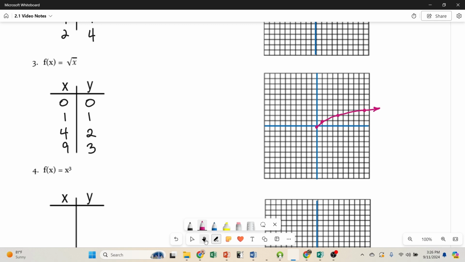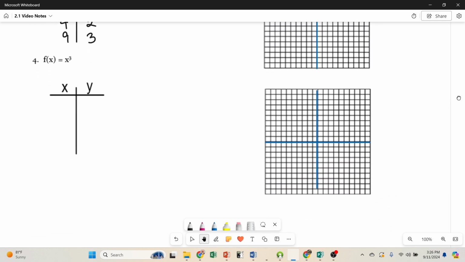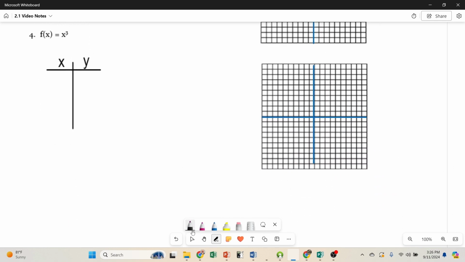All right, here's one we have not seen yet: x cubed. So we'll put in -2, -1, 0, 1, 2. So -2 cubed is -2 times -2 times -2. Well, -2 times -2 is +4, but +4 times -2 is -8. -1 cubed is -1 times -1, which is +1, times -1 is -1. And then 0 times 0 times 0 is 0. 1 times 1 times 1 is 1. 2 times 2 is 4 times 2 is 8.